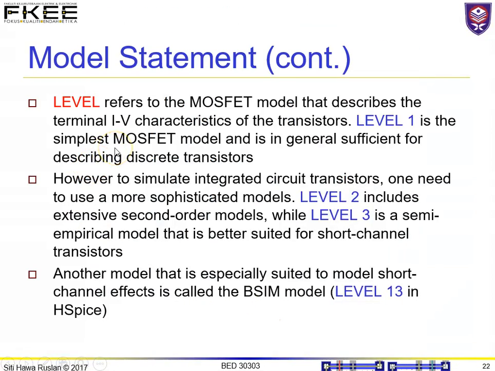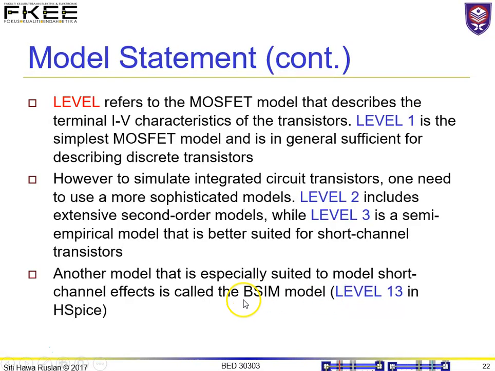And just now I mentioned the level. The earlier model used just level 1, which is the simplest, meaning that the parameters describing the behavior of the transistor are just enough to model the transistor and you'll get the simulation result. It doesn't cover all the parameters that I have mentioned just now. Then it moves to level 2, level 3, and so on.